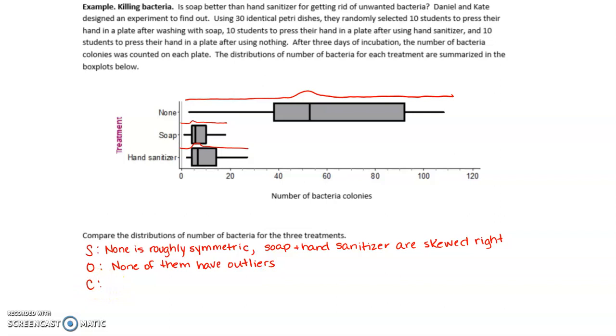Soap has the lowest center, while none has the highest. And then finally, spread. None has the largest spread.